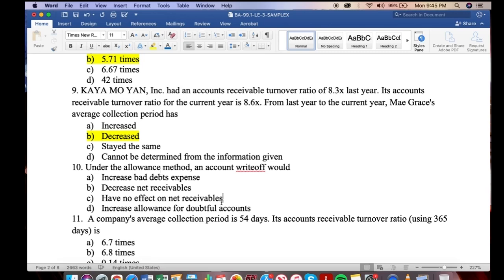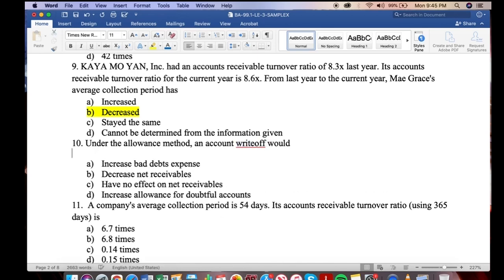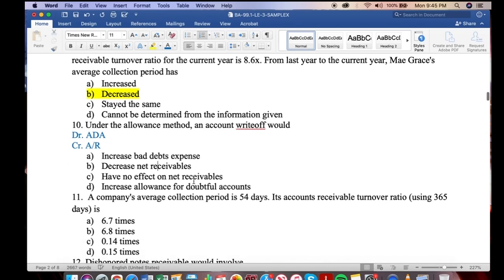Number 10. Under the allowance method, an account write-off would. Write-off. Ano entry ng write-off? Diba? Debit ADA, credit accounts receivable. Wawalain yung ADA, wawalain yung AR. So, ang sagot is, did it increase bad debts expense? No, wala namang nakikitang BDE dyan. Decrease net receivables?